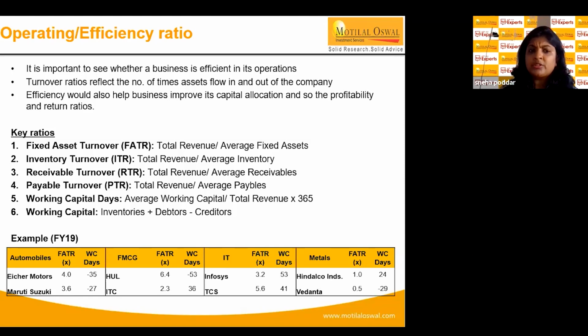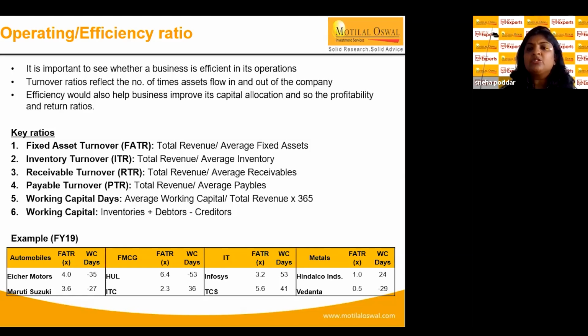The most important turnover ratio would be the fixed asset turnover, which is nothing but total revenue by the average fixed assets. It tells you how quickly the company is able to generate revenue from the fixed assets that it owns. If it's around 3 to 4 times, then it's a very healthy sign.